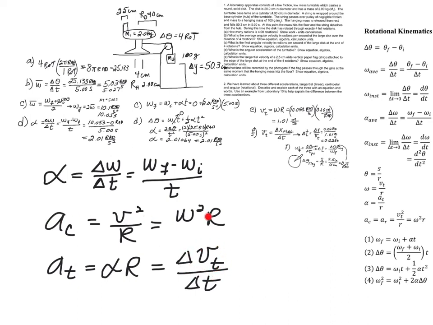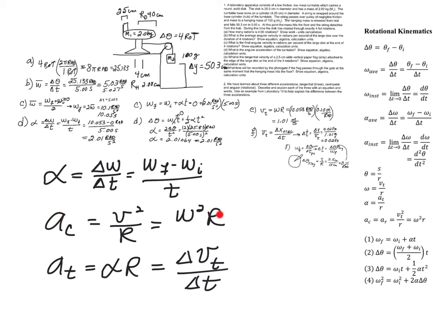But in the case of centripetal acceleration, even if the wheel were spinning at a constant speed, an object on the wheel or the flag would have a centripetal acceleration. And you can calculate that, as we did earlier, either by taking the velocity of the flag squared divided by the radius, or if we use the conversion equation, V tangential equals omega r, so if we take omega r and square it, we end up with another equation we can use for calculating.